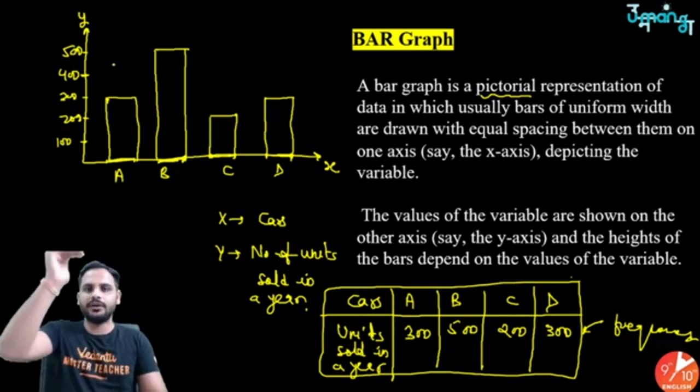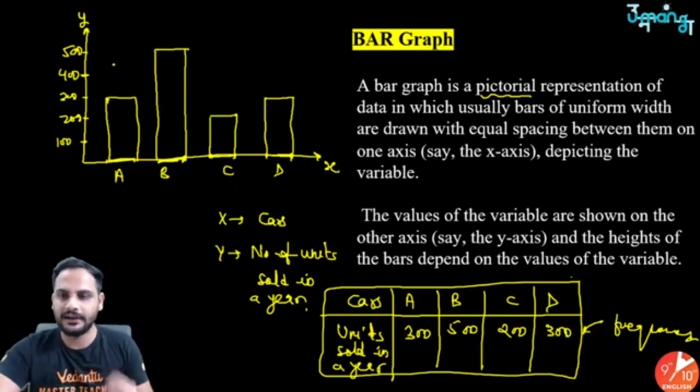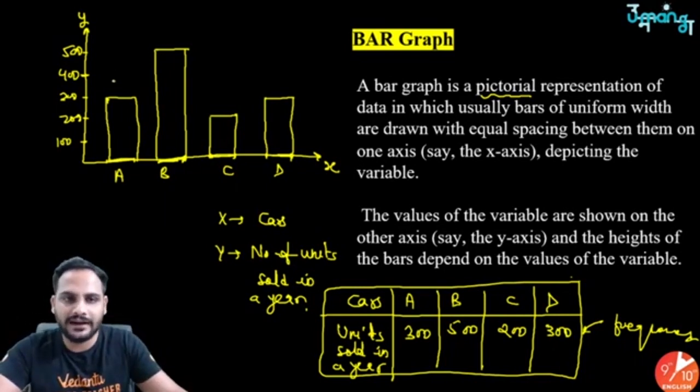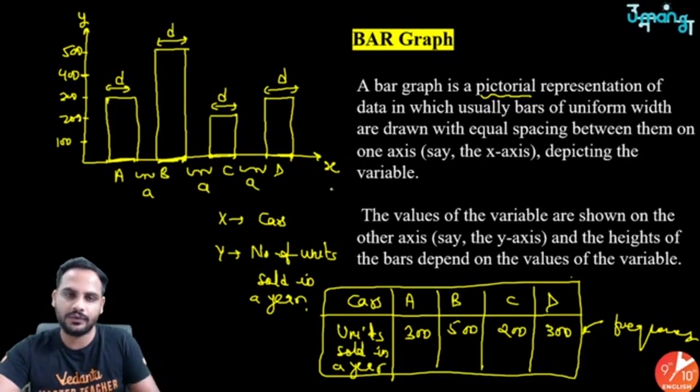If the height is more, its frequency is more. If the height is less, its frequency is less. Now remember, in a bar graph the thickness of all these bars should be equal, and the gap between these bars also should be equal.